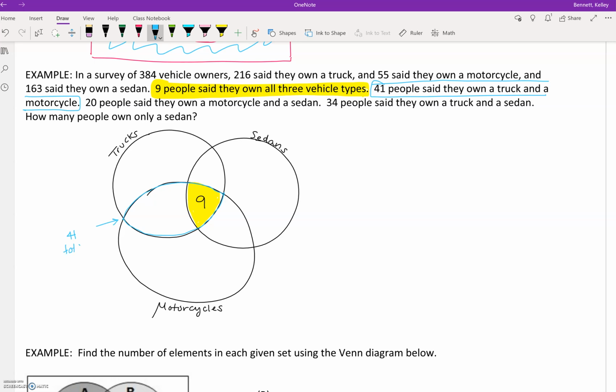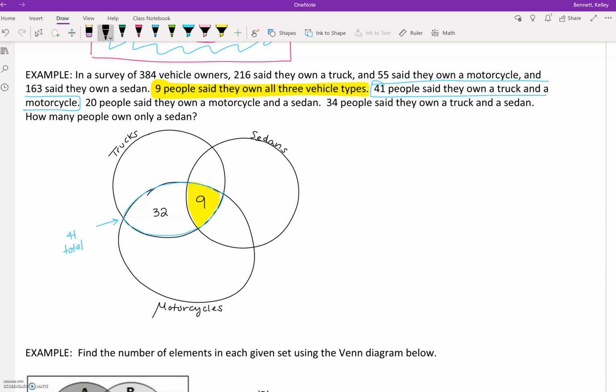But we already have 9 accounted for, so that would mean that 32 has to be here. Because we know it's 41 total, we already have 9 in the highlighted area, so 32 is what's remaining. So that's where I get that 41.